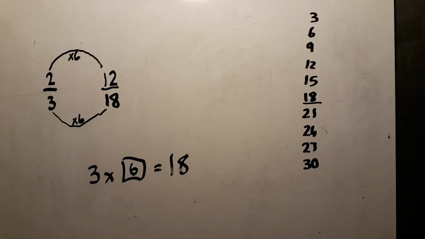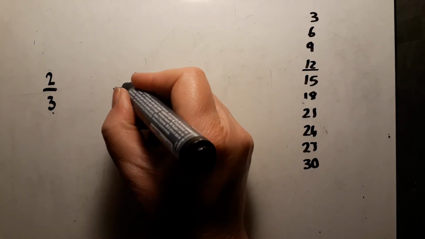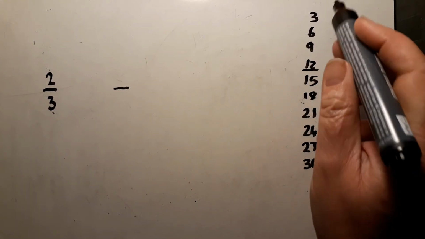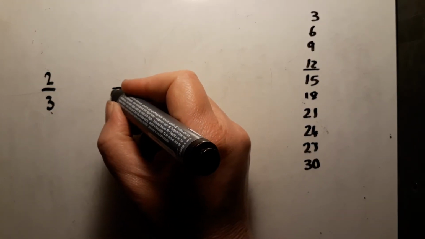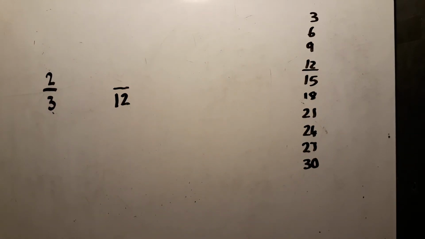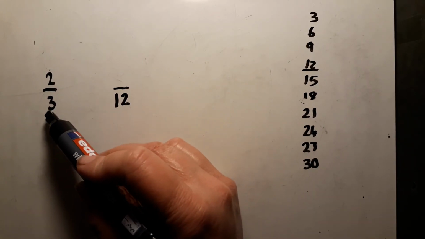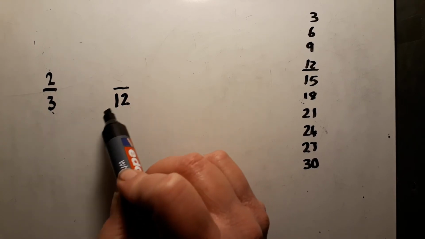So I'm going to do another example as well. So this time I'm going to change, and I could choose any one of these multiples of 3 and it wouldn't matter, I would be able to make an equivalent fraction. So my denominator is going to be in 12ths.